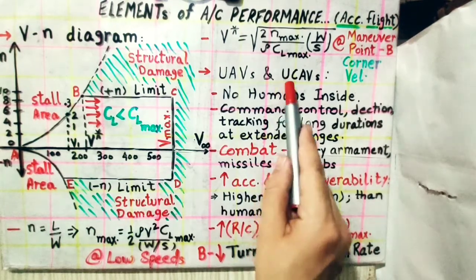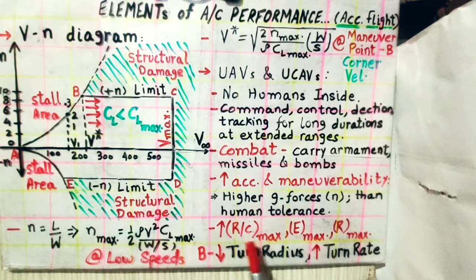So UCAVs have the highest possible maximum rate of climb, maximum endurance, and also maximum range, which is very high compared to typical jet aircraft or other aircraft.